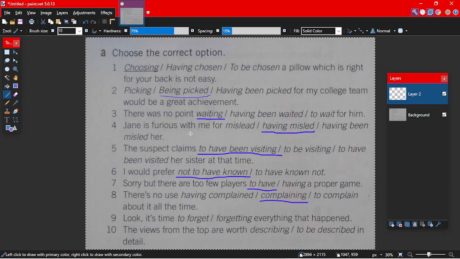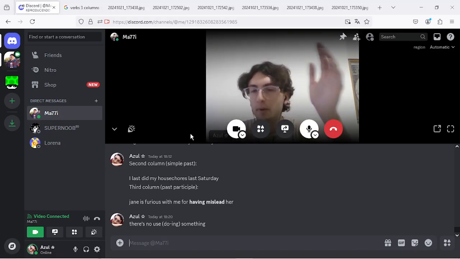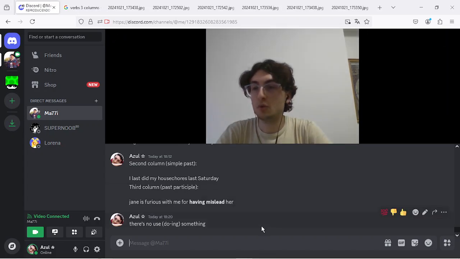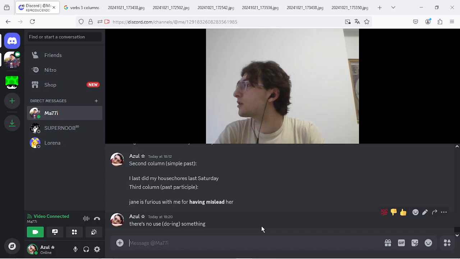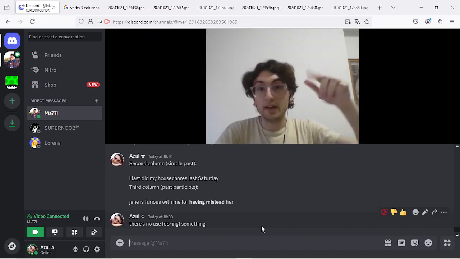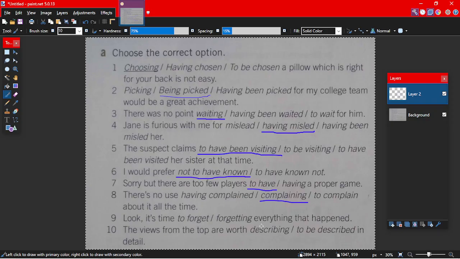Now it's no use doing something, right? That's the structure, and you can replace do with whichever verb. There's no use having dinner. There's no use plugging your computer. Any verb can fit in there with ing.